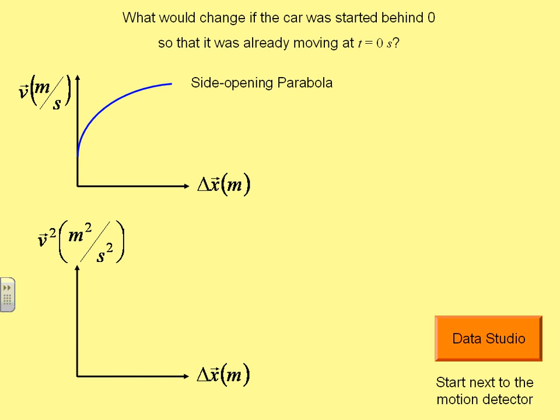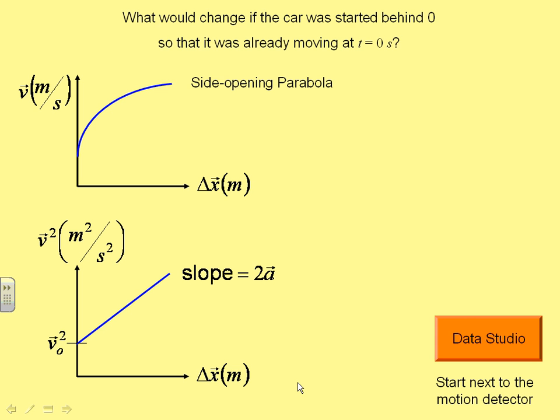So when we linearize it by squaring the velocity again, we get a straight line as we did before, but this time it has a y-intercept. That y-intercept represents what the velocity squared is when the position is 0. And the slope is still 2a, and so this is, in other words, the initial velocity squared. The initial velocity squared is what we have on that graph.